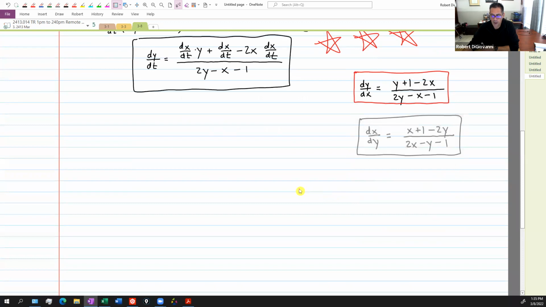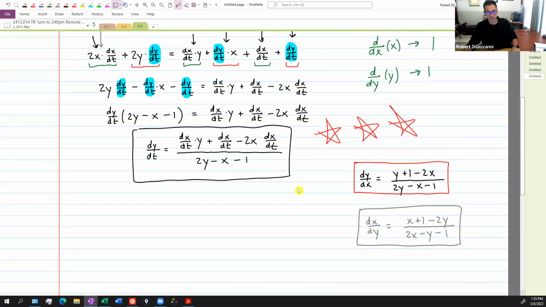Okay. And what I want you to see is that in order for us to know what dy/dx was, the rate that y changes with respect to x, the only thing you have to provide me in order for me to tell you the slope of that tangent line is what x and y are.